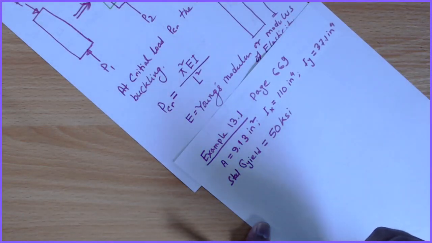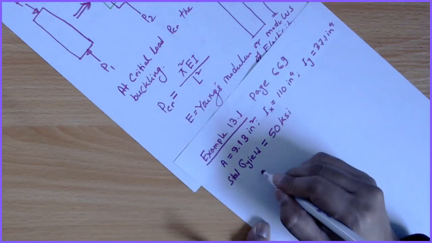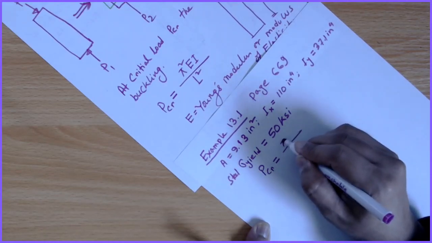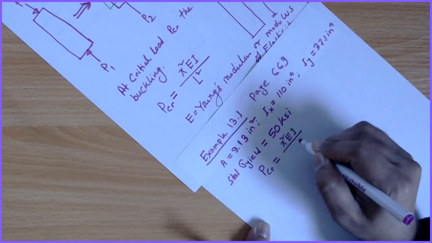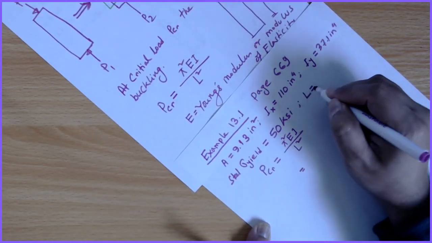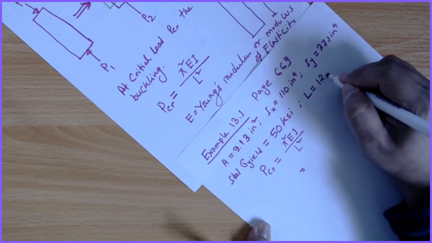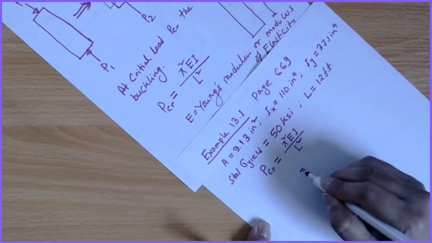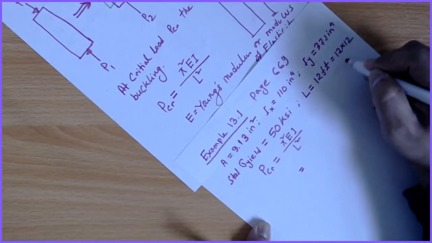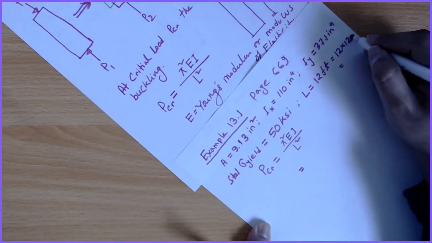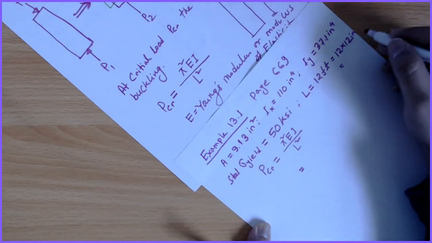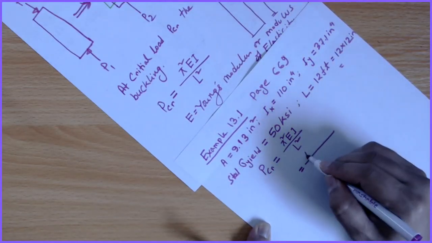Now we know the critical load P critical is pi square EI over L square, and L here is 12 feet. Plugging in those values, 12 feet is 12 into 12, converted to inches.